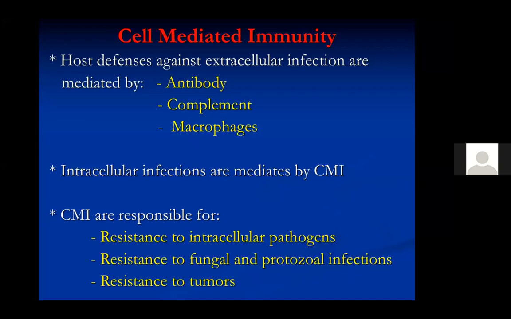Even if you talk about fungal infection, take any typical example you want, you'd note that they present difficulty in phagocytosis, and therefore the cells which would be called upon to clear out a cell which has already been infected by fungal or protozoal infections are the T cells.